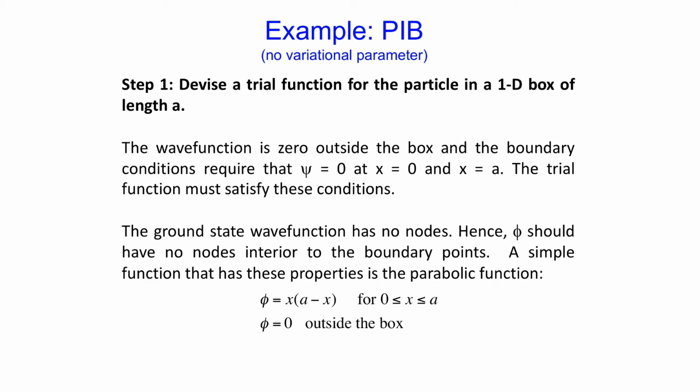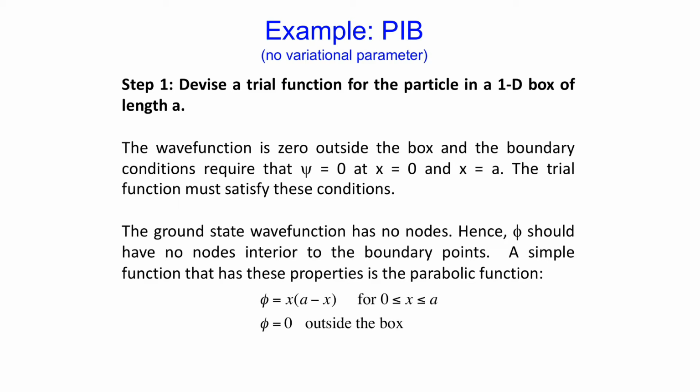Okay, so we know something about our system. We know that our wave function should be 0 outside the box, and our boundary conditions require that our wave function has to be 0 at our boundaries of x equals 0 and x equals a. These are all things that we know from our previous work with particle in a box. So we know that our trial function needs to satisfy those boundary conditions.